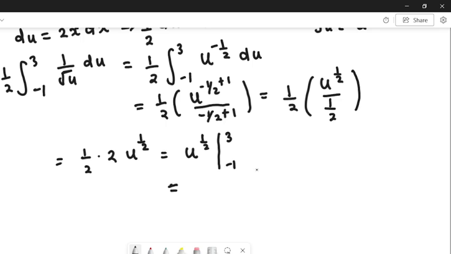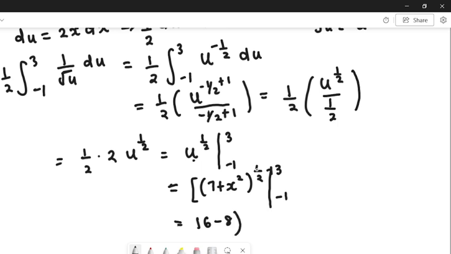As I had said earlier, it means we are substituting back this u. So u was 7 plus x squared. Now this is raised to the power a half, and now we are substituting 3 and negative 1. That gives us 16 minus 8 raised to the power a half, and you know very well that raised to the power a half is just simply the square root.